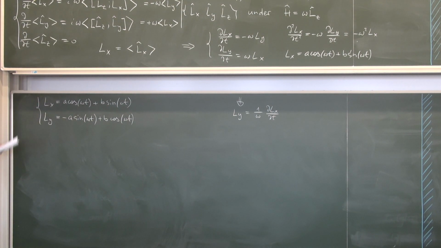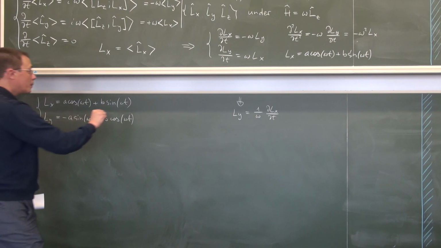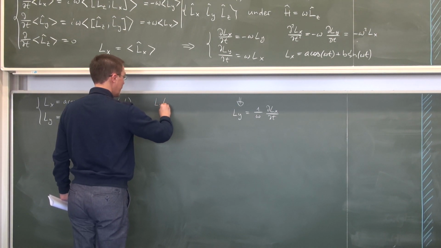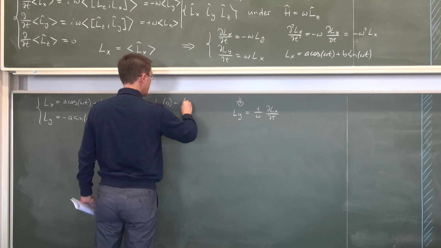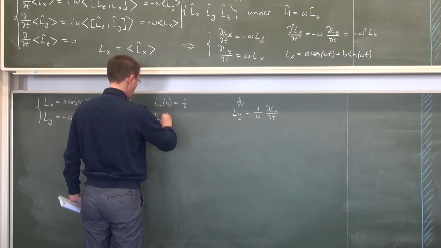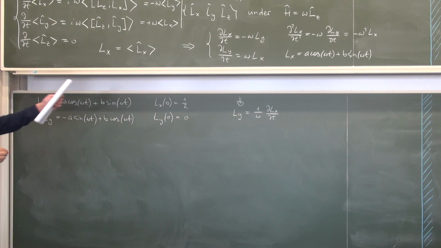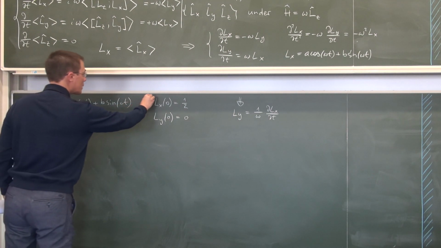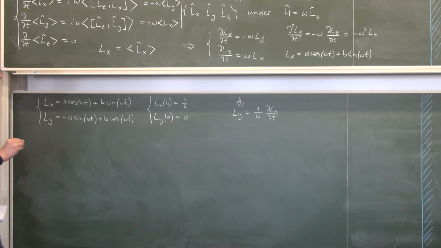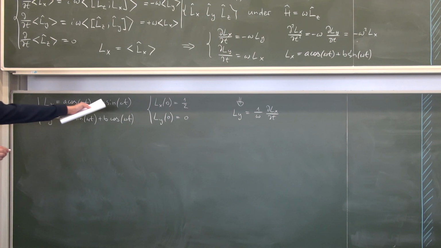And if we specify some initial condition, for example, Lx at time 0 would be 1/2, and Ly at time 0 would be 0. So the standard initial condition when the magnetization starts on the x-axis. Then we would have here b is going to be equal to 0, and a is going to be equal to 1/2.